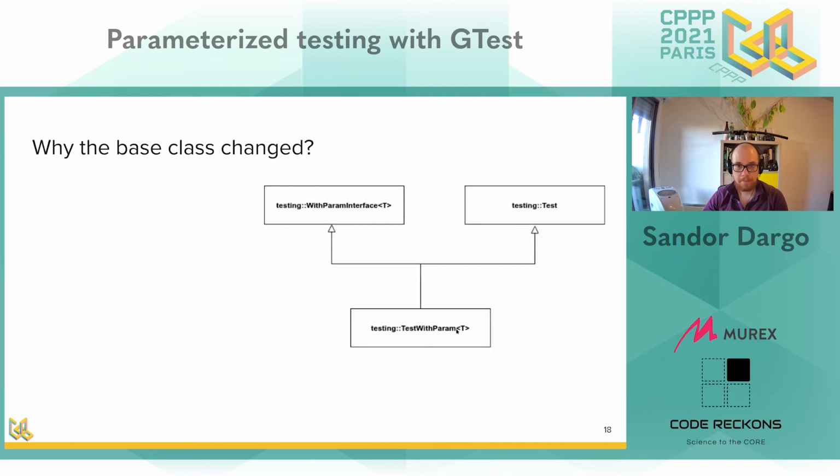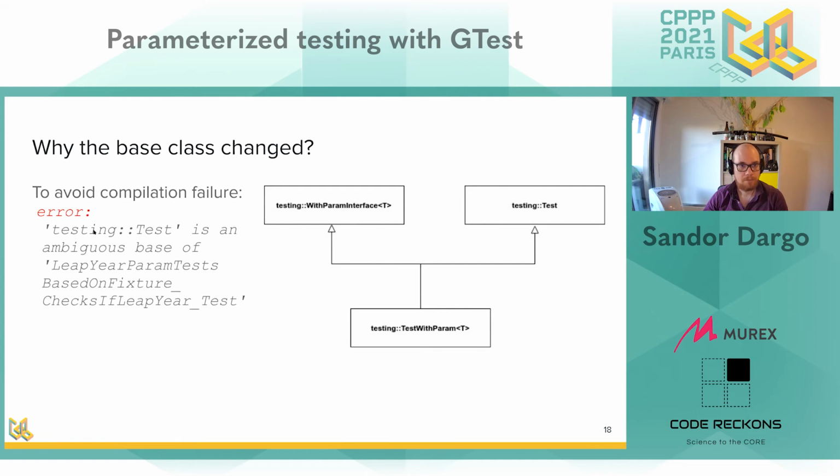We do that because testing::TestWithParam inherits from testing::Test, and our fixture also inherits from testing::Test. So if we would inherit from TestWithParam, then we would inherit basically twice from the same class, and we would have a compilation failure saying that testing::Test is an ambiguous base.